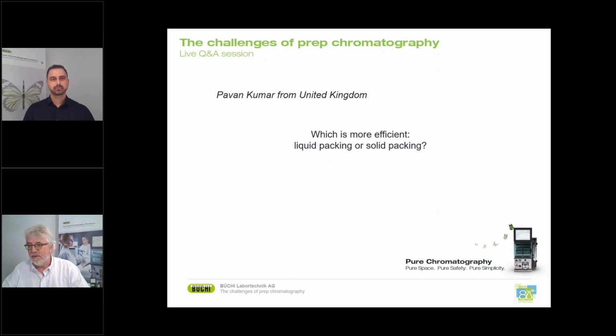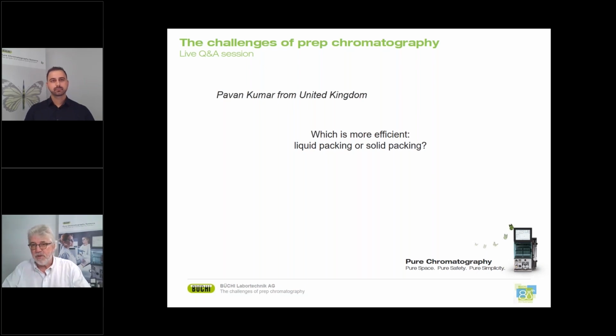I'm not aware of any manufacturer in the world who is packing flash cartridges in a slurry. It's much more work to do it. It's more expensive, and we already had the comment about the price, so we have to make sure that we don't even further increase the price of the cartridges. So for flash cartridges, I would say it's always dry packed.